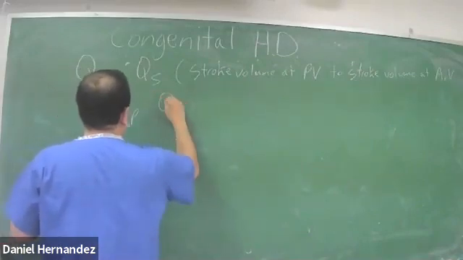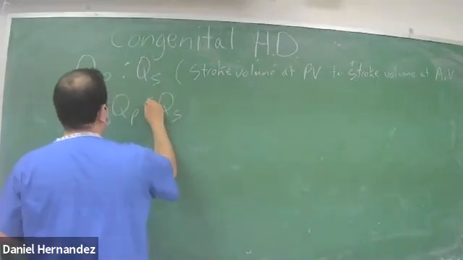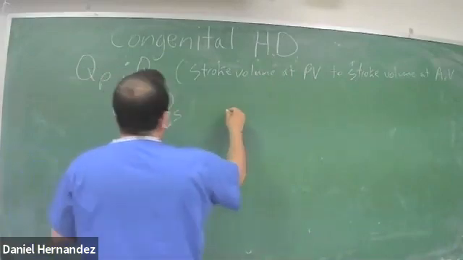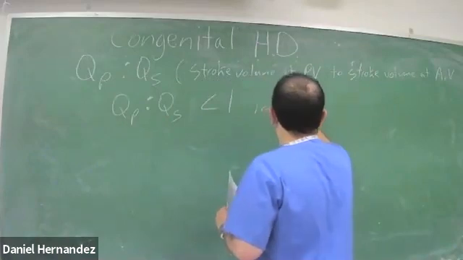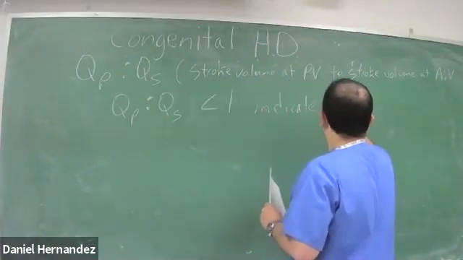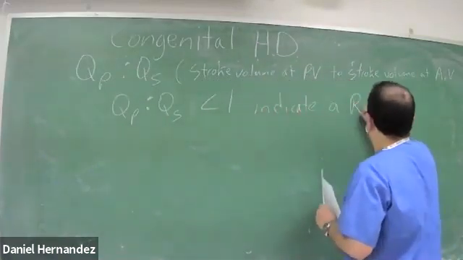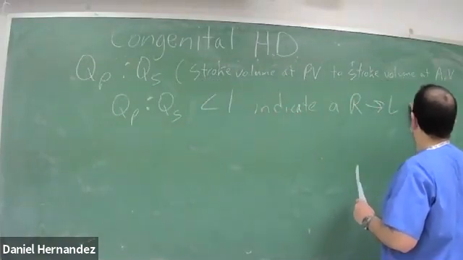QP to QS ratio less than 1 indicates a right to left shunt.